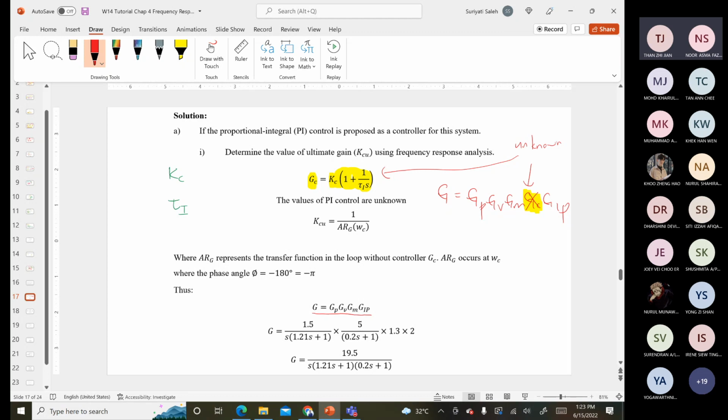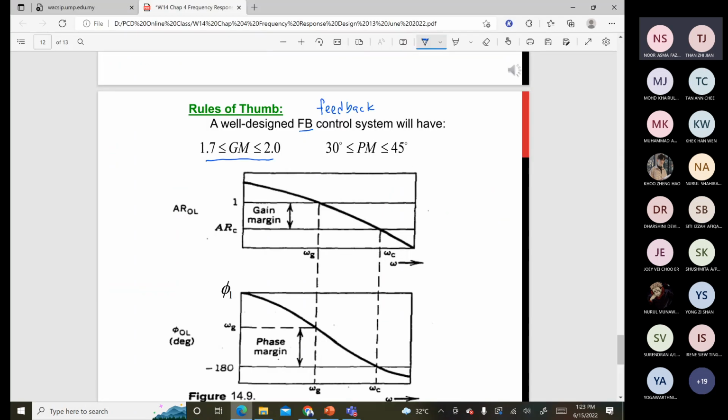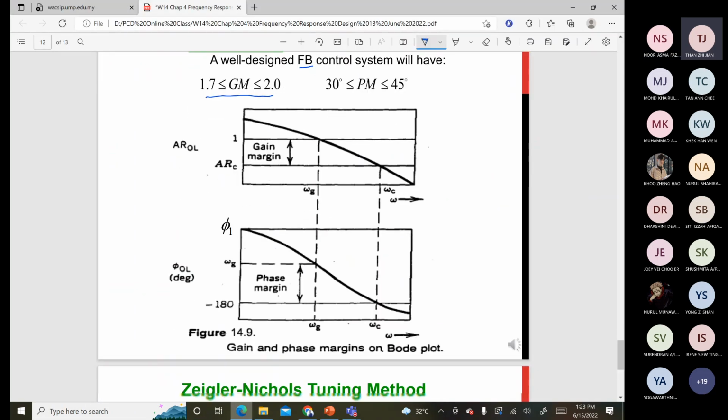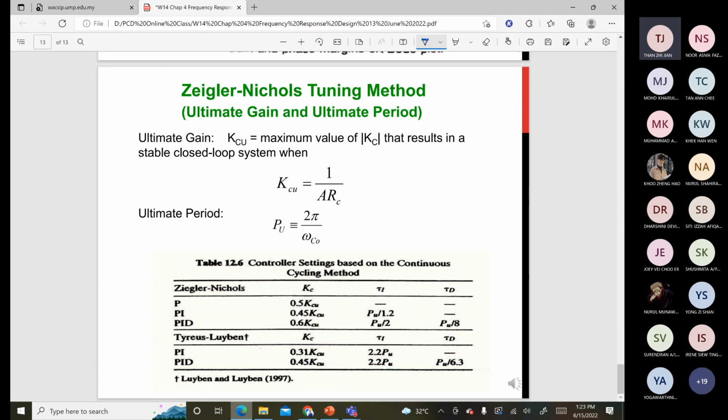So here the objective is to find the ultimate gain, KCU. So here if we take a look on the slide, KCU referring to the maximum value of Kc that result in stable closed system, where the KCU equal to 1 over ARC and the ultimate period PU 2 pi over WC. And this is the formula for calculating the controller parameter.